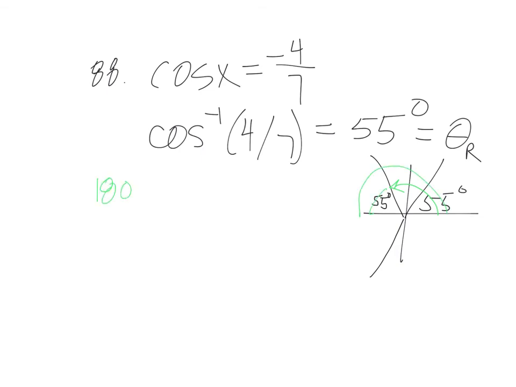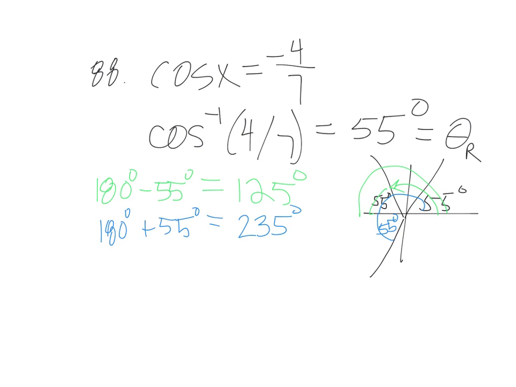So if I go 180 minus 55, our reference angle, that's going to give us 125 as our first angle. And then the second one is a 55 degree reference angle in the third quadrant, which would be 180 plus 55. And that gives us 235.